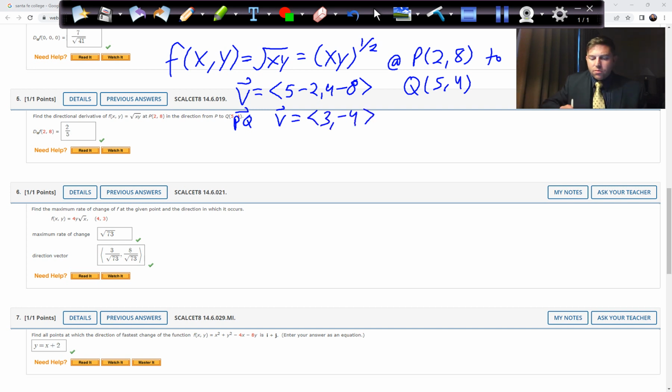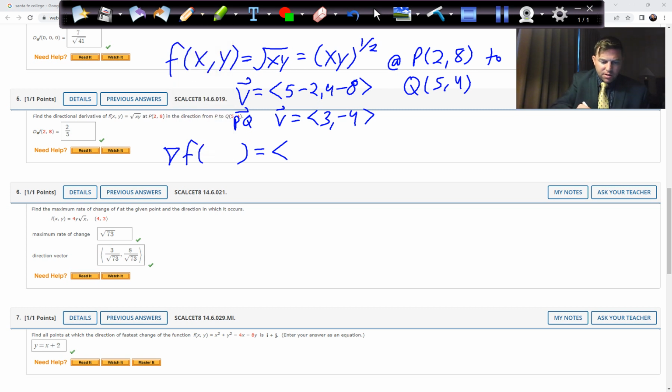And now it's really similar to the last couple problems. Okay, so first we're going to find the gradient of f at the point 2, 8. So you do use the first point P for your numbers that you're going to plug in for x and y. Actually, let me do the x and y first, and then I'll plug in the 2, 8.